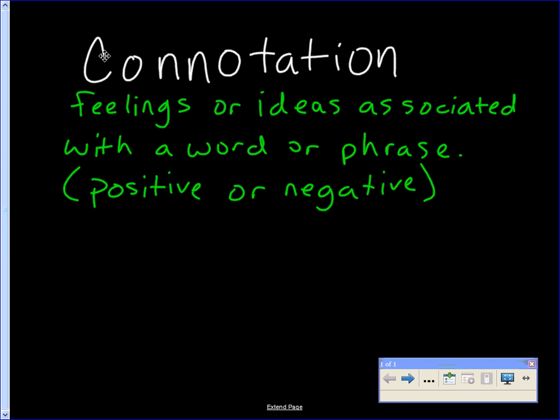Words can be positive or negative. Words can make you feel good or bad. Their ability to make you feel good or bad, to stimulate an emotion, to give you a positive or negative reaction, that's connotation. Let me give you an example.